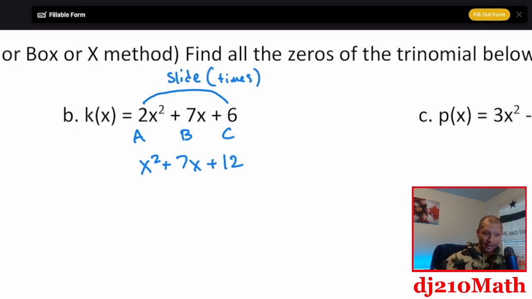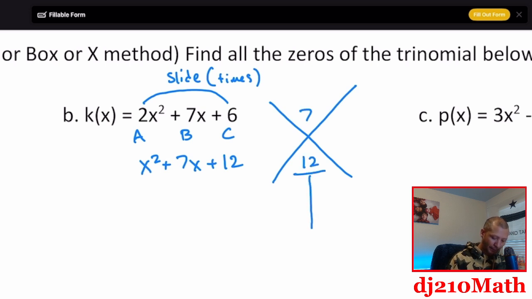Then we'll have to divide it out here later. So now, again with the x method, 12, 7. So numbers that multiply to make 12 that add up to 7. 1 and 12, 2 and 6, 3 and 4. 3 and 4 add up to make 7.